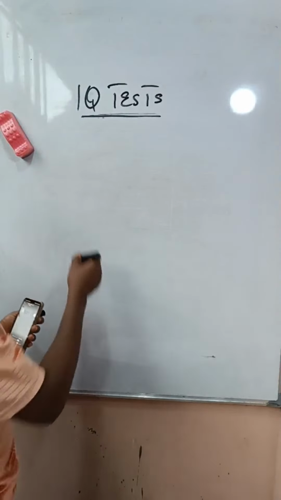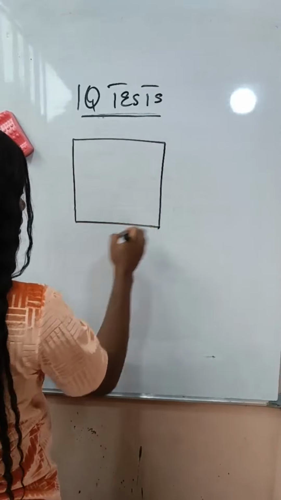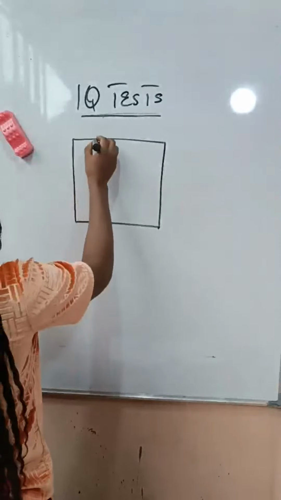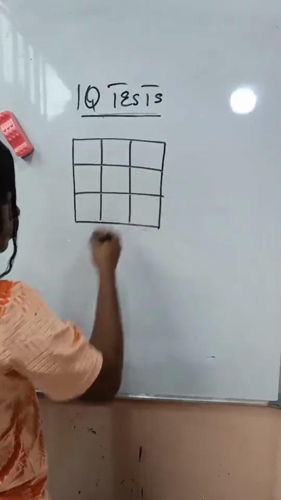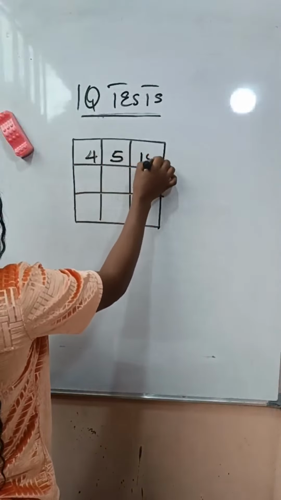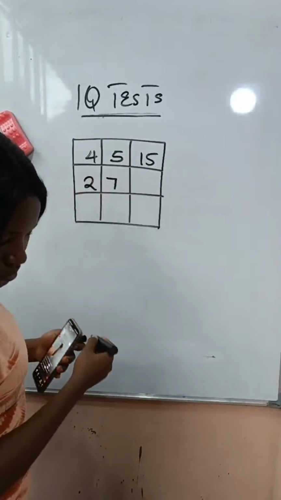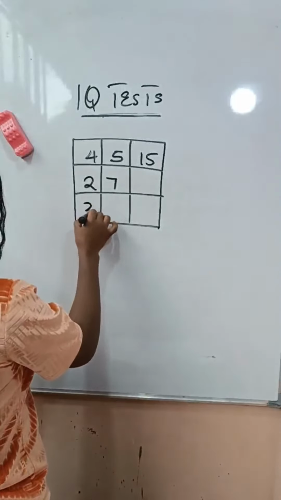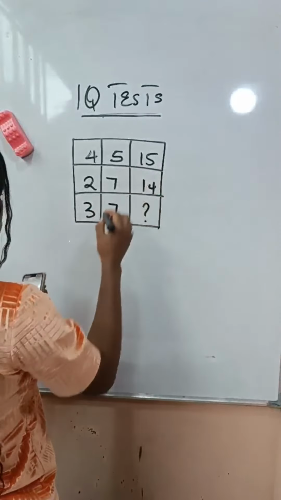Find the missing number. And we have this. We have 4, 5, 15. We have 2, 7. We have 3, 7. We have 14 and what?